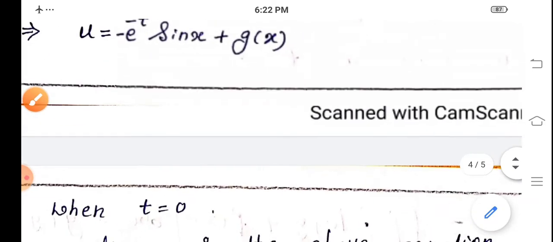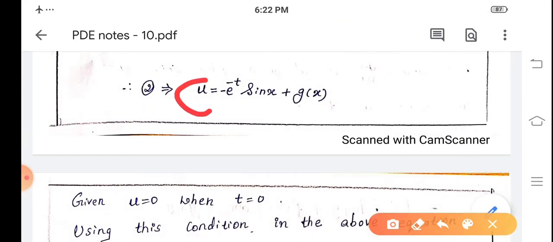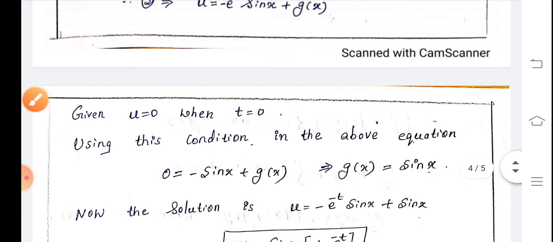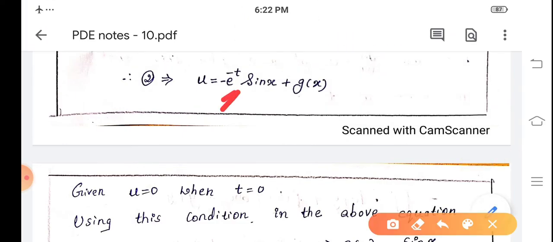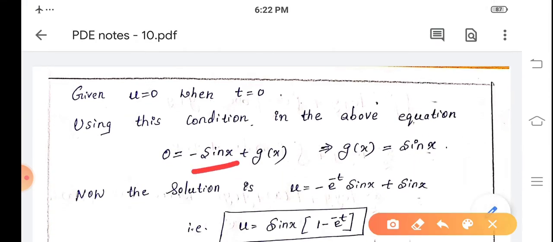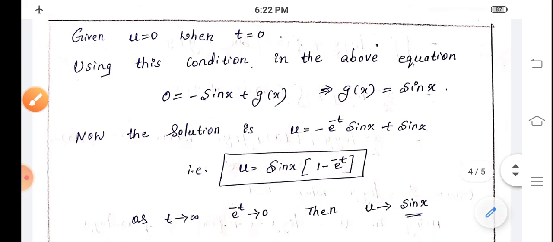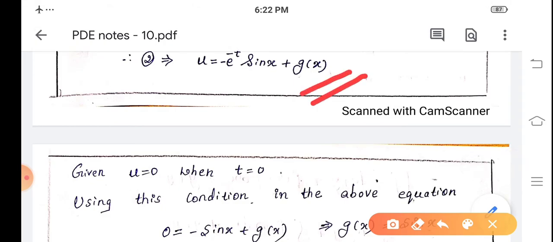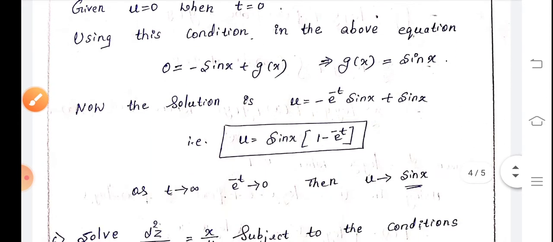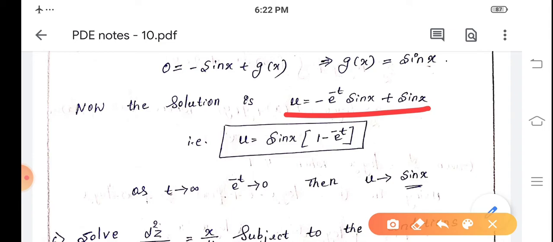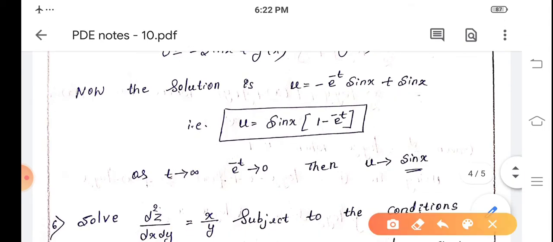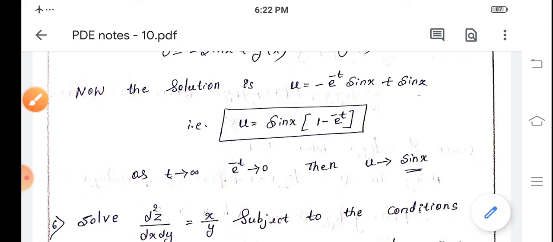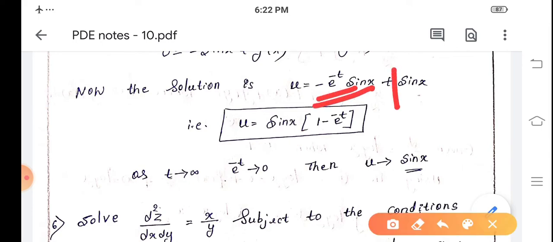Using this condition in the above equation, we put t = 0 on the right hand side, so 0 = -e^0 sin x + g(x), where e^0 is 1. We obtain 0 = -sin x + g(x), or g(x) = sin x. Now substituting g(x) = sin x, we write the solution of the partial differential equation as u = -e^(-t) sin x + sin x, or sin x is common. We write u = sin x (1 - e^(-t)).